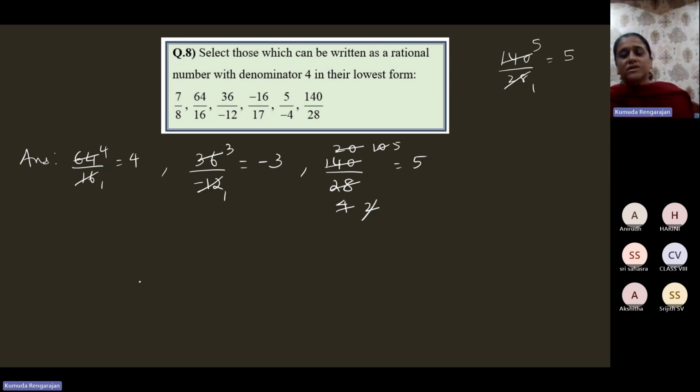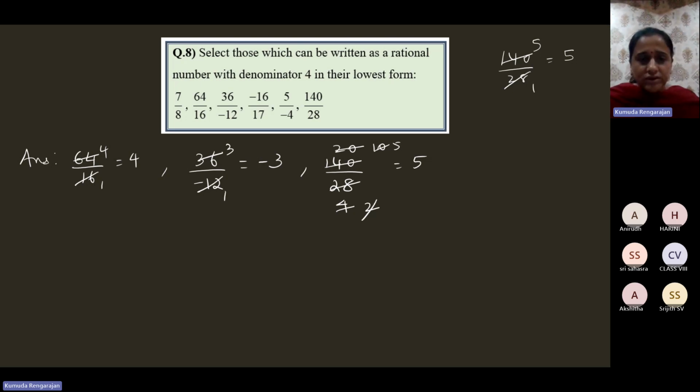Now select the rational numbers with the denominator 4 in their lowest form. Ma'am, 5 by minus 4. Correct. 5 by minus 4 is also minus 5 by 4. Yes, ma'am. So 5 by minus 4 is nothing but minus 5 by 4, and that's the rational number.